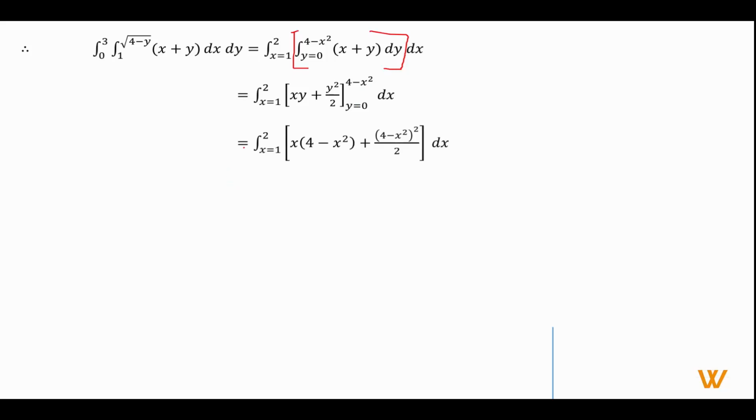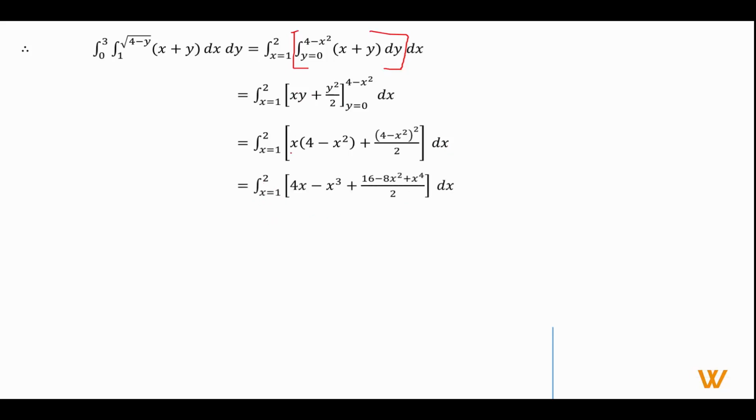We get x times the upper limit 4 minus x square plus 4 minus x square, its square upon 2, minus the lower limit 0, so this term is 0 and this term is also 0, dx.